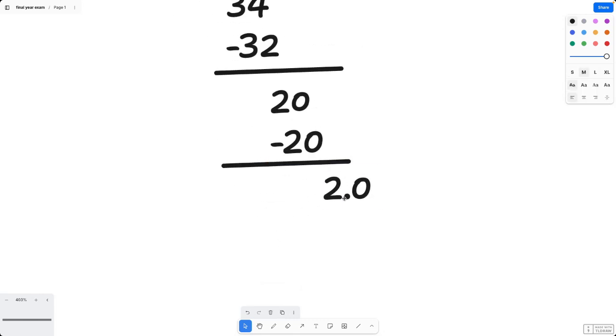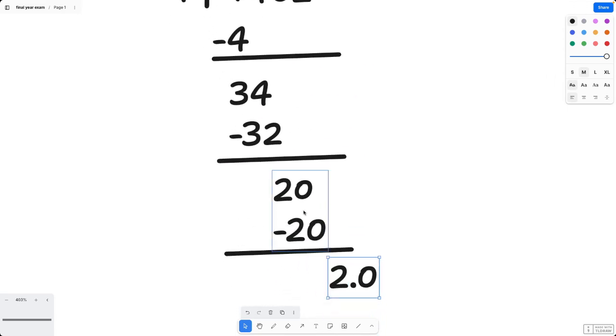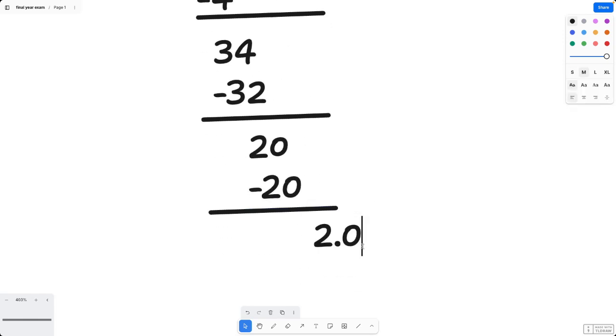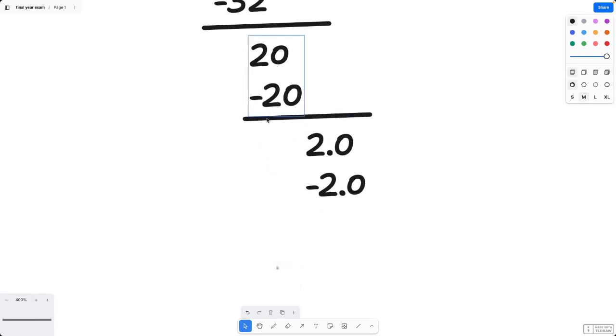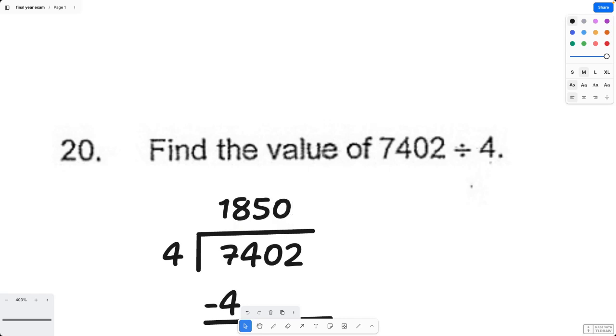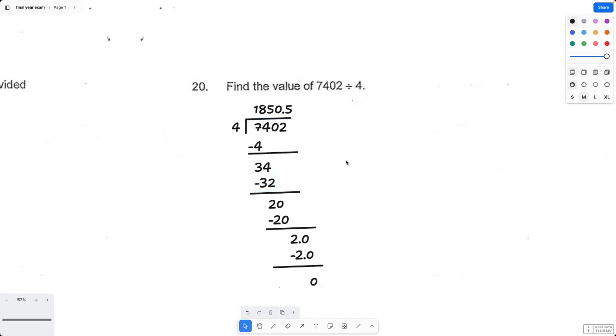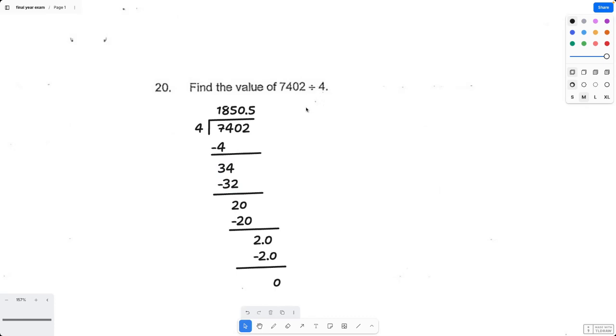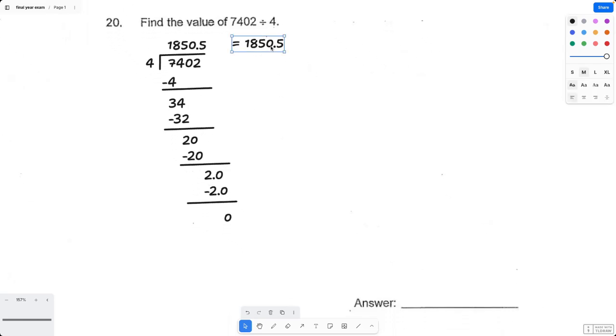And then we minus 2.0 or 20. Let me just move this line over here, and this will give us 0. Pretty straightforward. In this case, this will give us 0.5. So 7402 divided by 4 is equal to 1850.5.